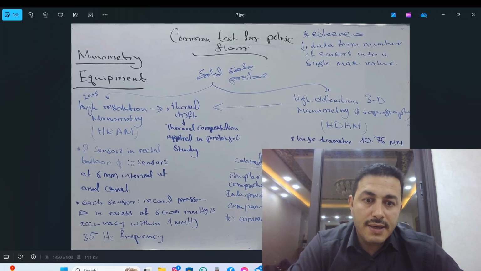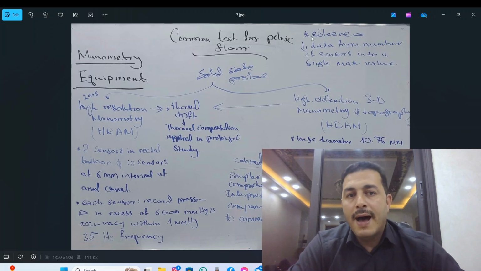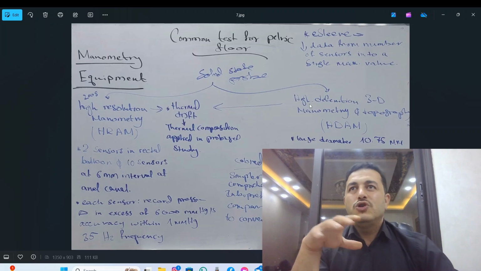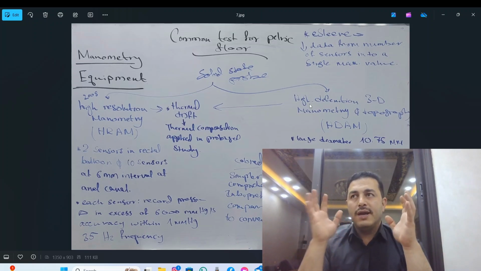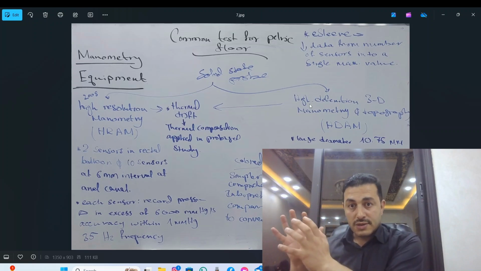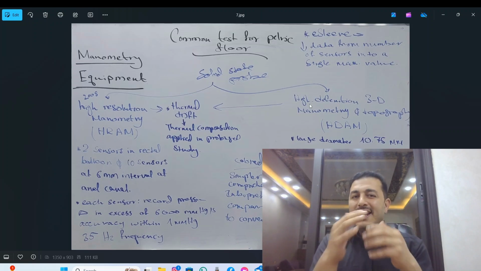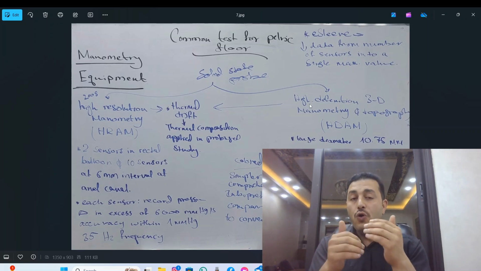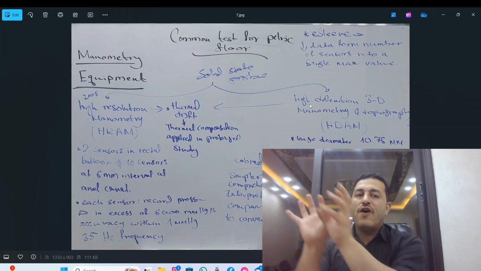What else we want to say regarding the high definition, which has a larger diameter: we have an instrument called the e-sleeve. You can imagine that much data comes from the sensors to the monitor. So this instrument analyzes the result with low error and gives you the final result.